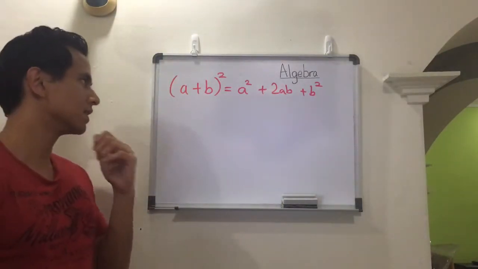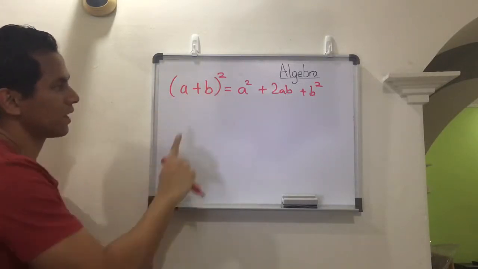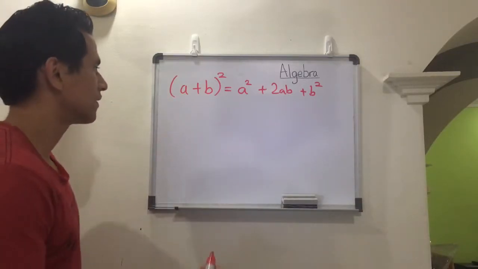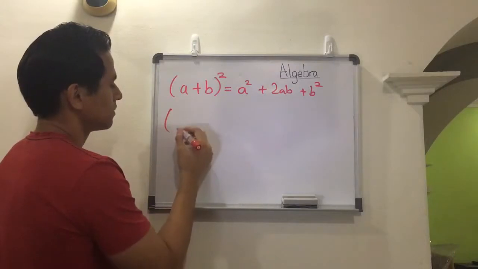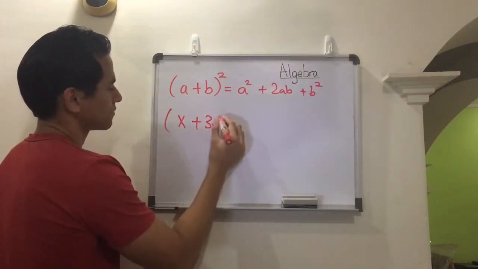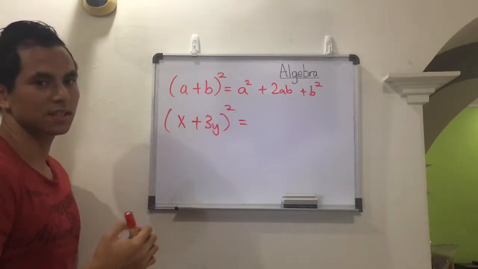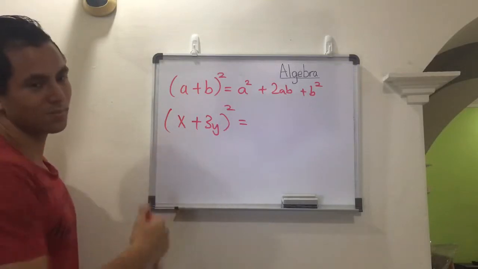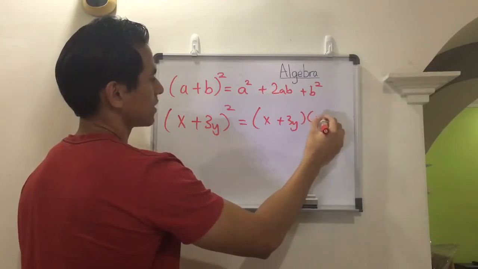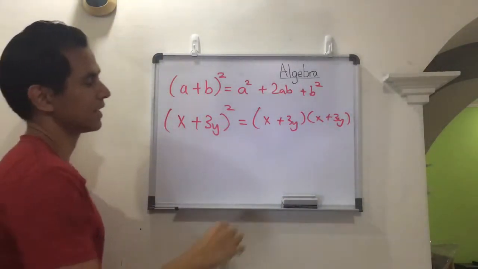So this identity is the formula. (a plus b) square, okay, we get this. In a lot of questions, we have maybe something like this instead. Maybe we have (x plus 3y) square, and they want us to expand this. Normally, if you were to expand this, yes, you'd do (x plus 3y)(x plus 3y) and you could go about expanding.